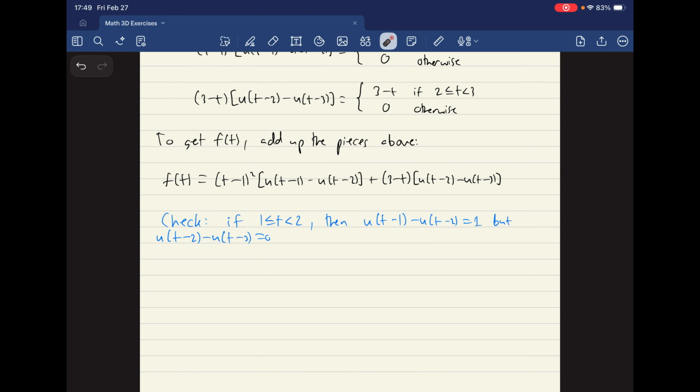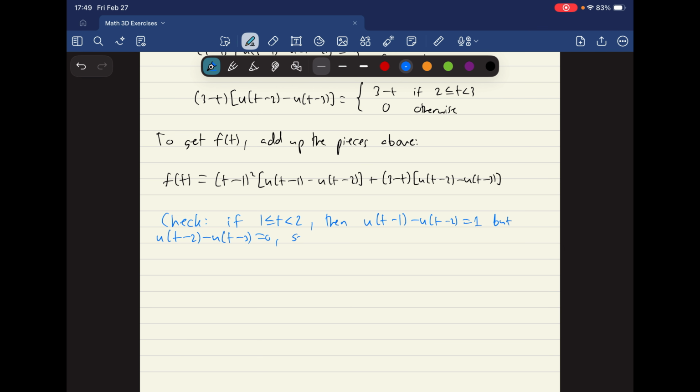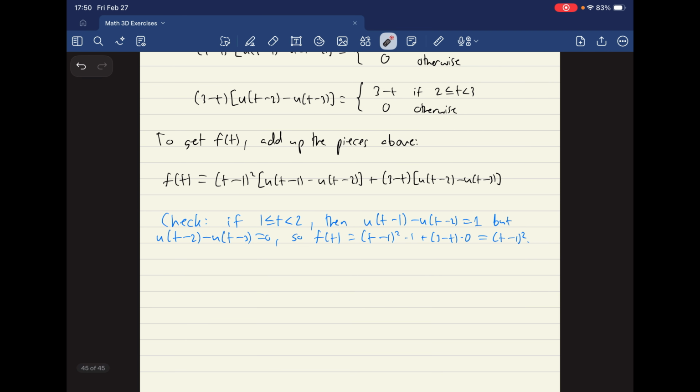Therefore, this part becomes 1, this part goes to 0, so this term goes away. So f of t equals t minus 1 squared times 1 plus 3 minus t times 0. And this just gives me t minus 1 squared, which is exactly what we wanted, because from our piecewise expression, we want f of t to be t minus 1 squared on this interval here.